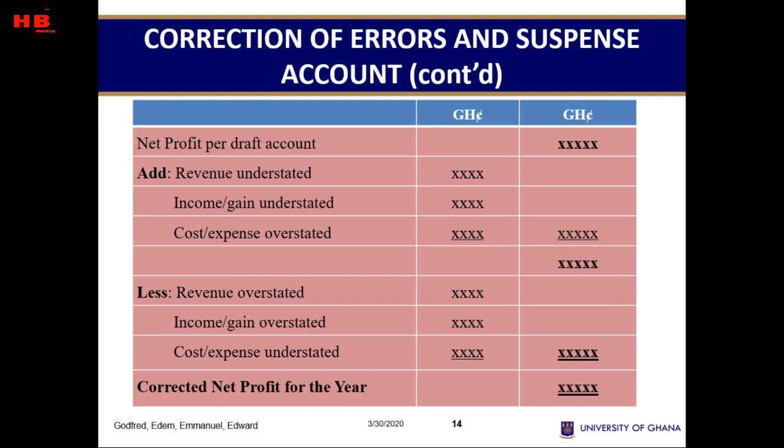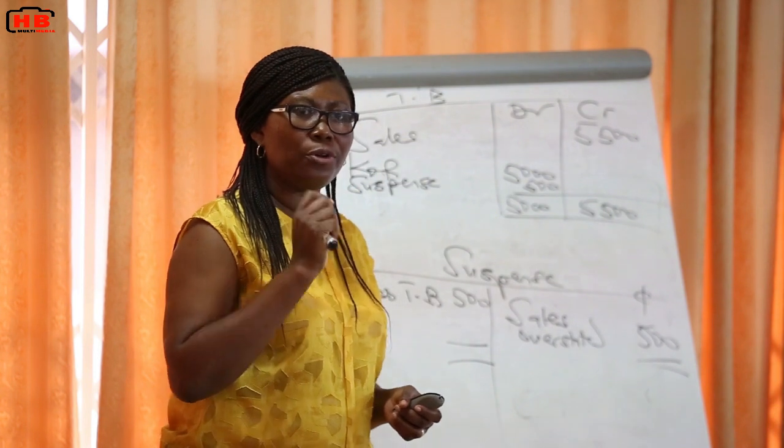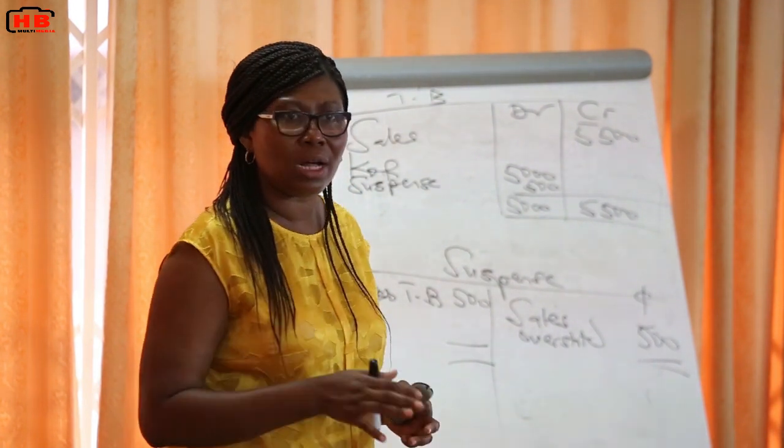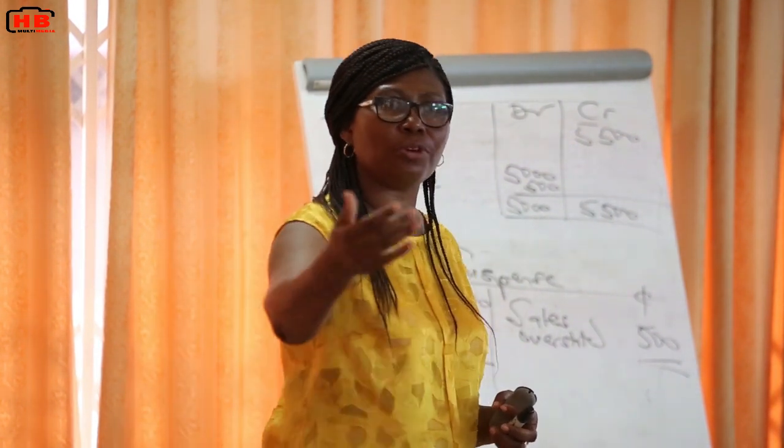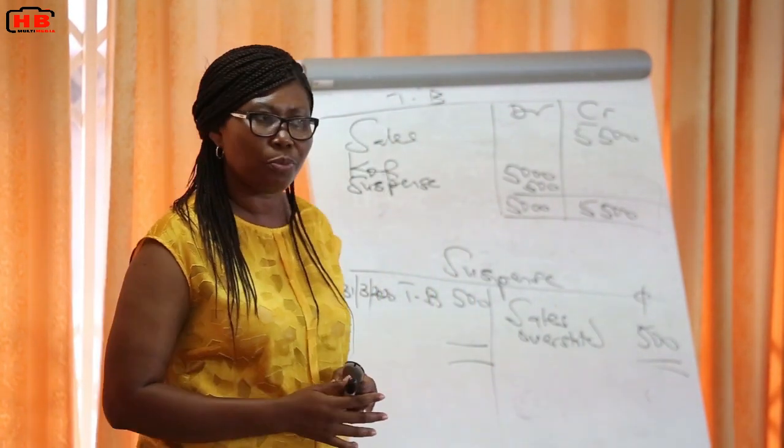And so you take the net profit per your draft account, and all the items from the suspense account that resulted in an understatement of the profit, you would add back. So for instance, anytime you understate revenue, it means the figure you quoted is lower. And we know that revenue, all things being equal, has a direct impact on profit. The higher your revenue, all things being equal, the higher your profit.